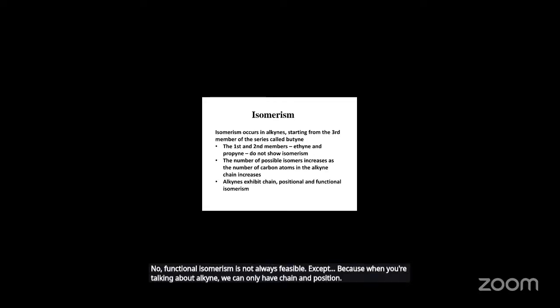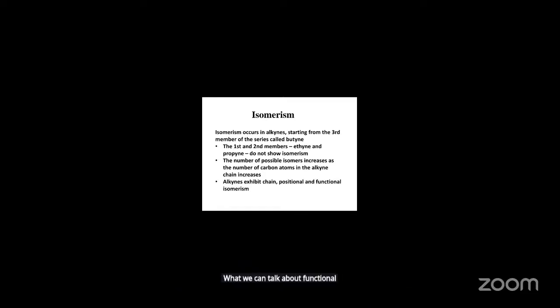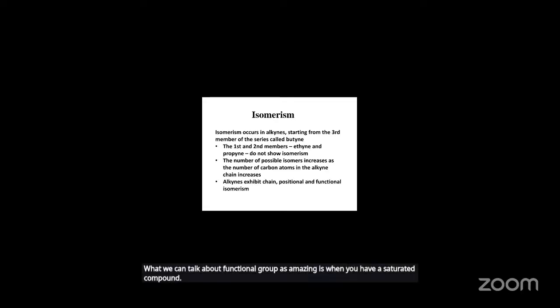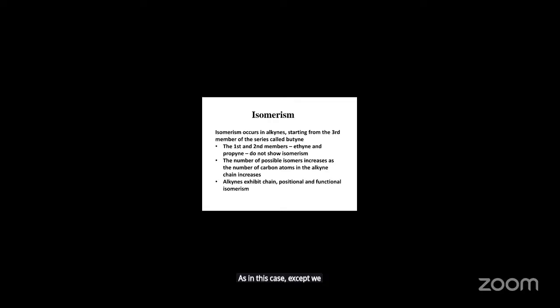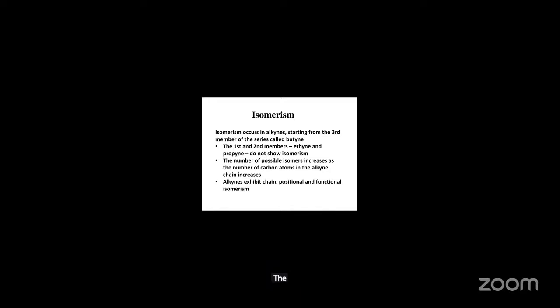Functional group isomerism is not always feasible because it does not change the functional group of the compound. So anything that happens in alkanes happens in alkynes. What we can talk about functional group isomerism is when you have a saturated compound, or a compound that has a functional group like a hydroxy group. But whatever happens, the isomerism that is very prominent in alkenes and alkynes are chain and position.